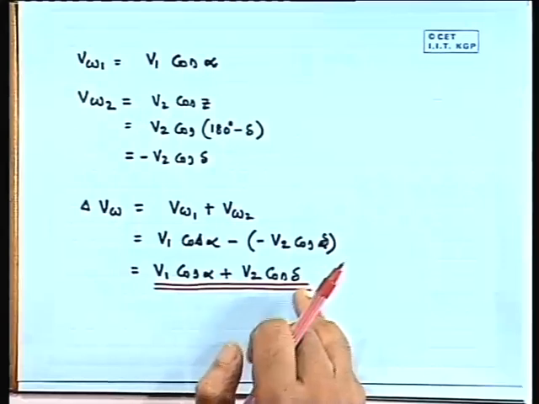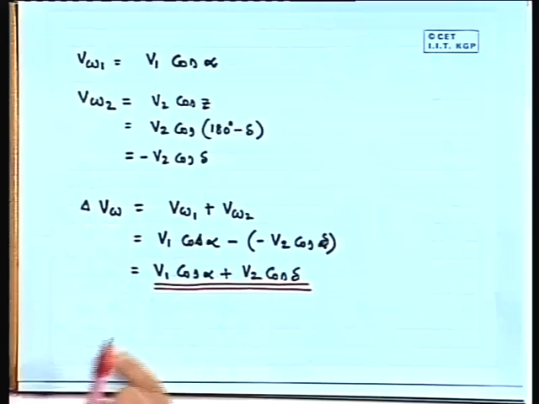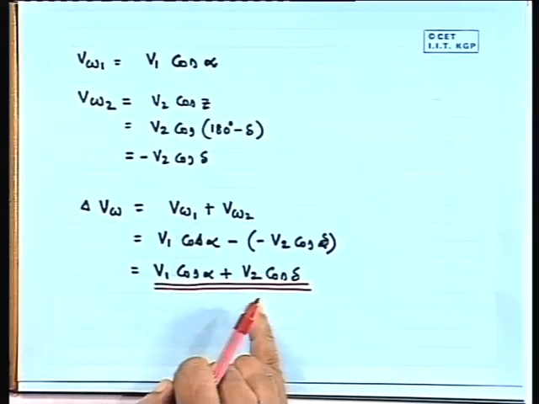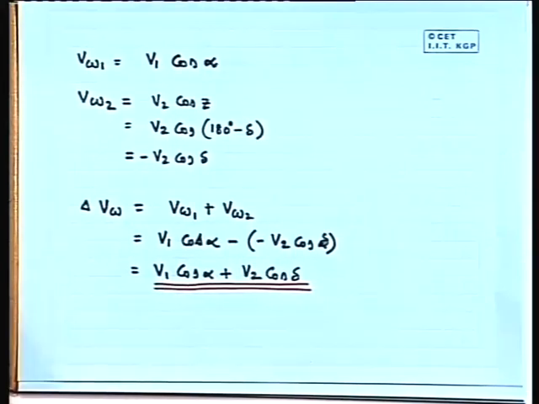So, in some cases it can be an acute angle, or it can be 90 degree also. But we can use this relationship always, irrespective of the magnitude of delta. So, basically delta V omega is equal to V1 cos alpha plus V2 cos delta, the way I have drawn the delta. If we denote delta in the same manner, then we can use this relationship.